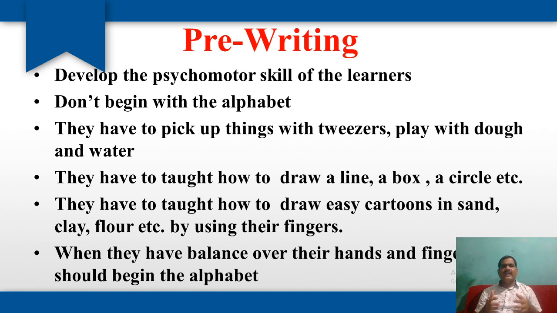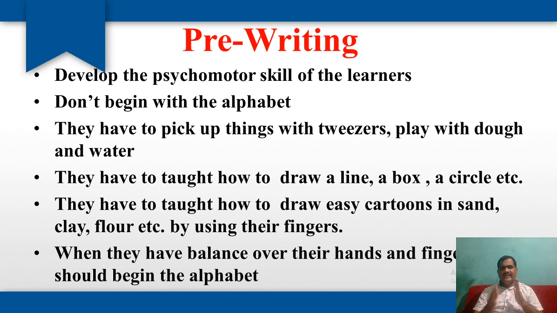Then they have to be taught how to draw a line, a box or a circle with the help of strokes. Then you can teach the learners to draw easy cartoons in the sand, the clay, or on the floor using their fingers.